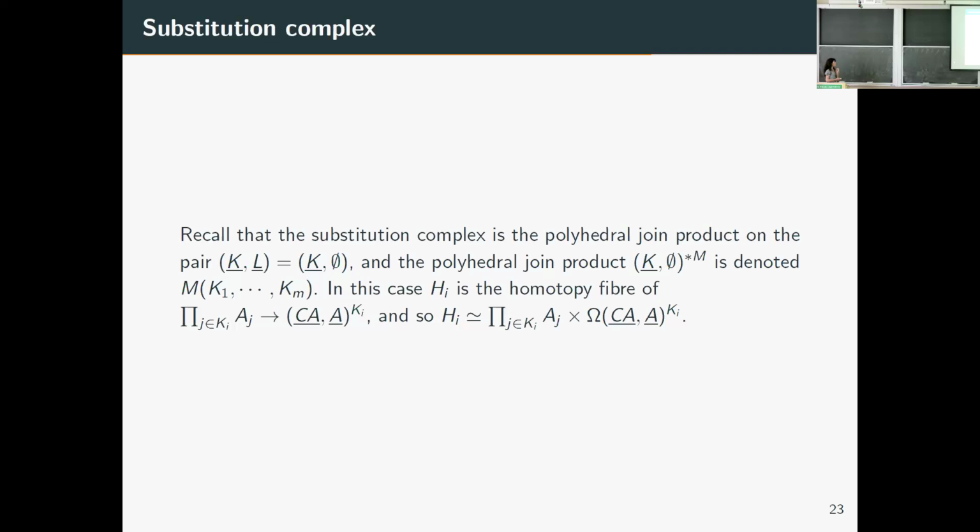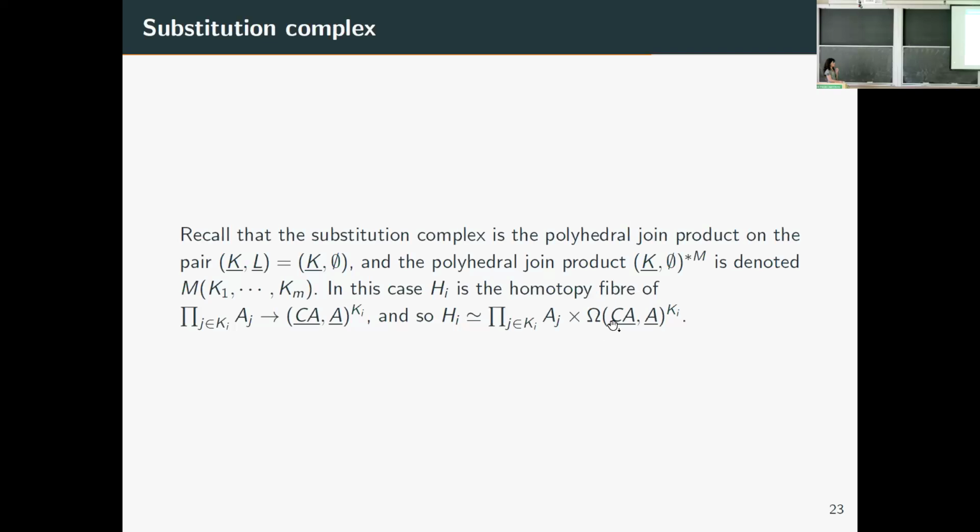So the substitution complex was the polyhedral product on the pair K and the empty set. In this case, h_i is going to be the homotopy fiber of including this product of A_j's into the polyhedral product on K_i. It's known that this map is null homotopic, and so we're going to get that h_i is homotopy equivalent to this product of A_j's times loops on our polyhedral product on K_i.